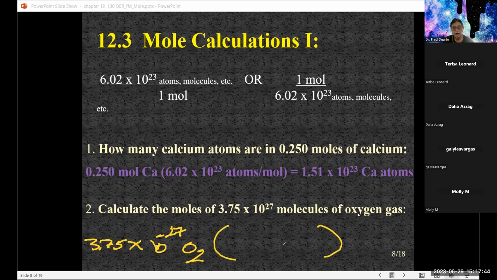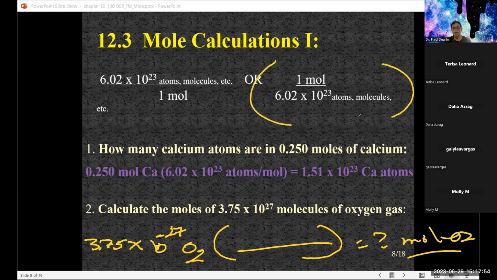We're looking for the number of moles. So which one am I going to use, the one on the left or the one on the right? The right, exactly, we want moles in the numerator.